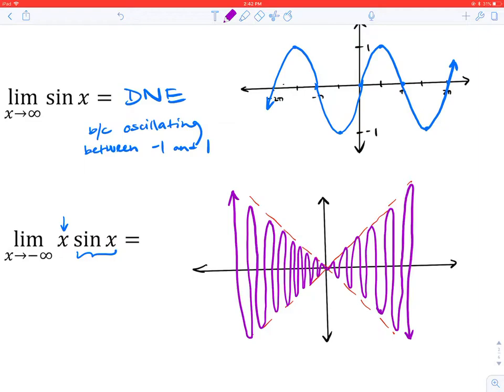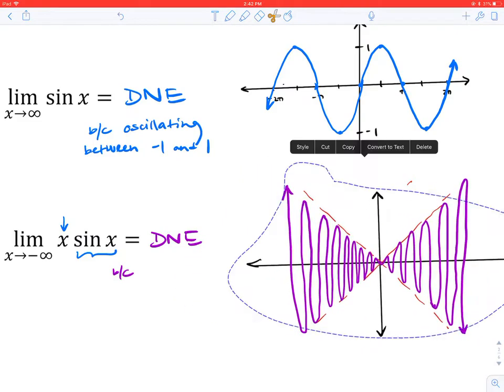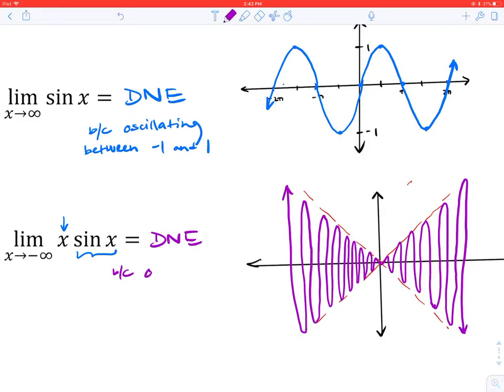So it's almost like we could say that the graph as x approaches negative infinity will be oscillating between positive and negative infinity. So this limit does not exist. And I'm going to write because, you move this over a little bit, oscillating between positive and negative infinity.